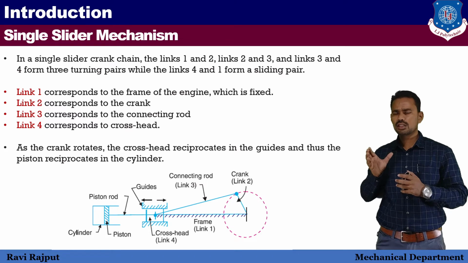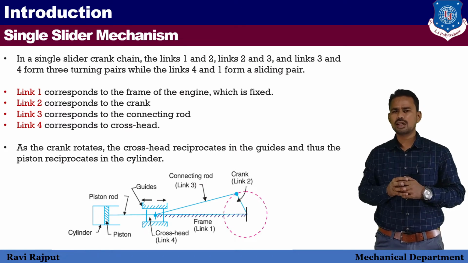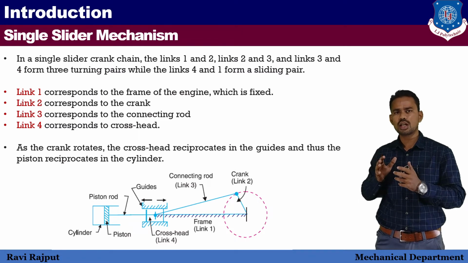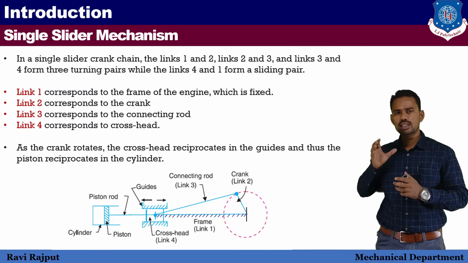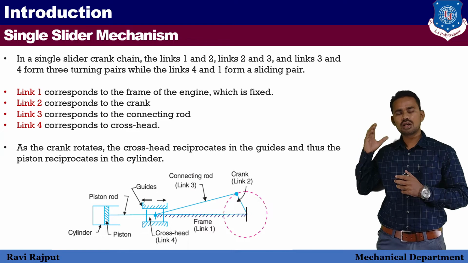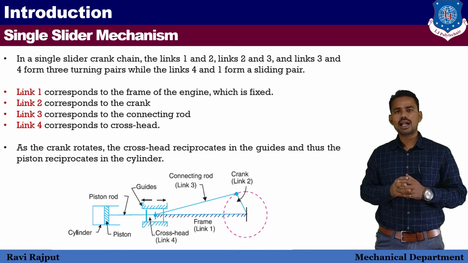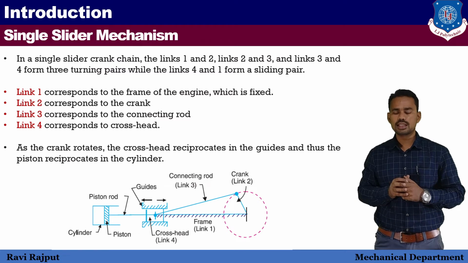Frame is basically a fixed structure, that could be a cylinder also, because on that structure only the whole setup will be installed. So that will work as a foundation, and then a rotating element called the crank is connected to it, and there will be a turning pair between these 2 links.